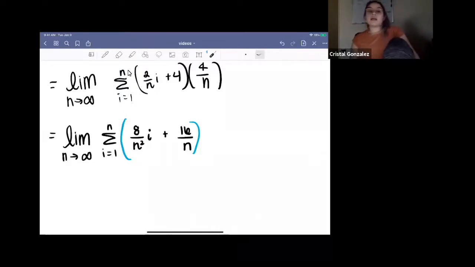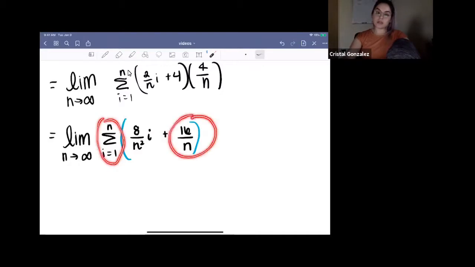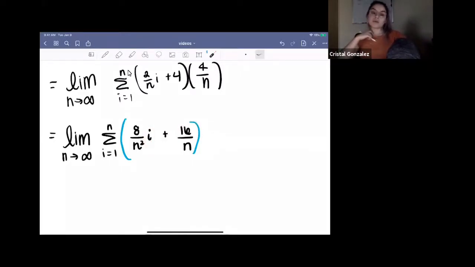We can break this up and write this as one sum plus the sum over here as well. Or we could also recognize that this has nothing to do with i, and this has nothing to do with i, and this is the only thing that has to do with i. In the last video, in the example, we noticed that when we have i, or i squared or i cubed all by itself, we'll replace it by one of those formulas that we learned earlier.